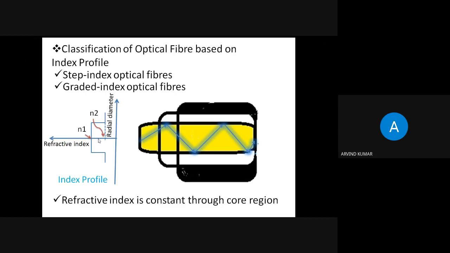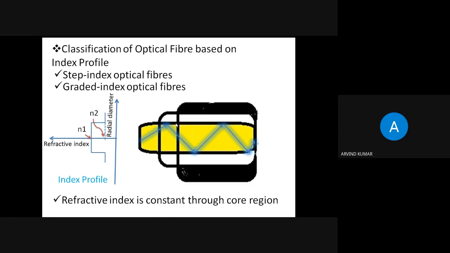If I extrapolate this line, this represents only the core region, and if I move from the center of the core to the core cladding interface, it is found that the value of the refractive index is constant, n1, whether I go in the upward or downward direction.